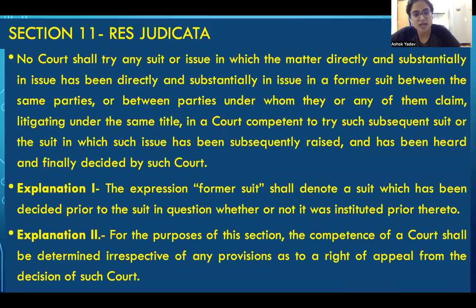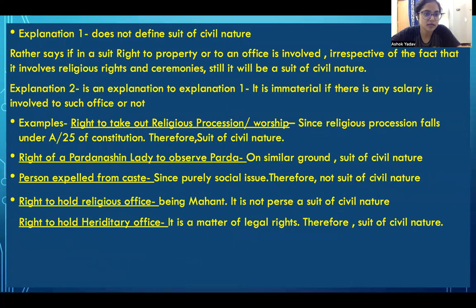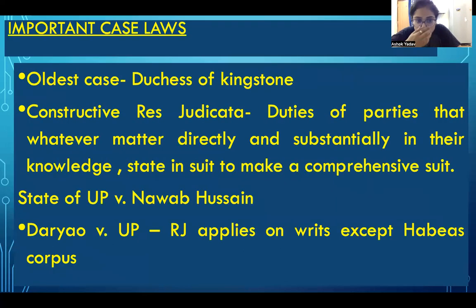On this ground, we have one very landmark case, which is the State of UP versus Nawab Hussain. In this case, what happened? There was a writ petition filed, because the plaintiff was removed from his services, and he contended that he was removed by the DIG without being provided any notice.